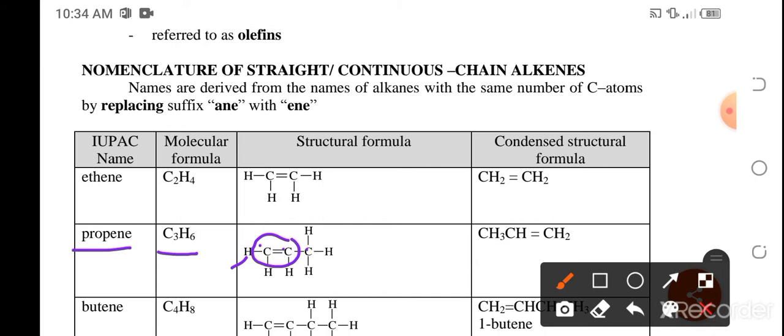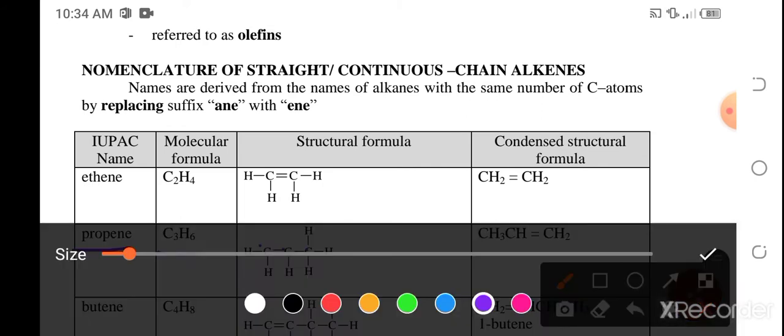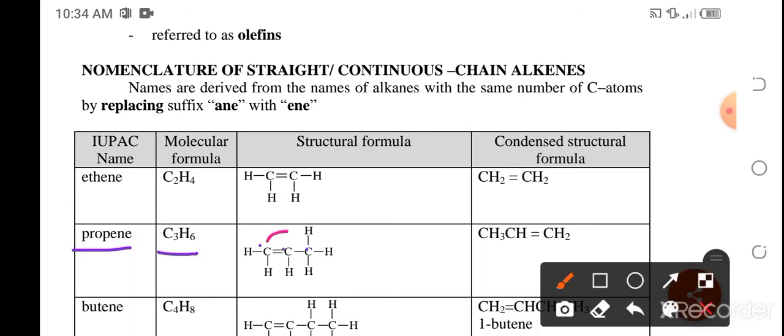The second carbon atom, in order to meet the 4-bond requirement, should have 1 hydrogen only. Kasi nga it's bearing double bond with the first carbon atom and single bond with the third carbon atom. So that's already 3. So to satisfy the 4-bond requirement, we only need 1 hydrogen.